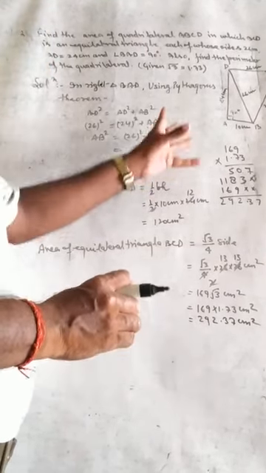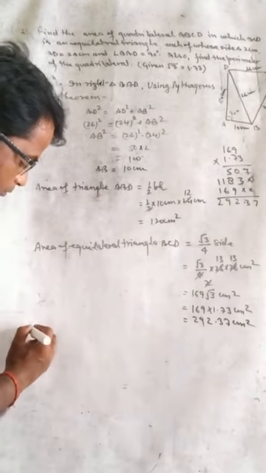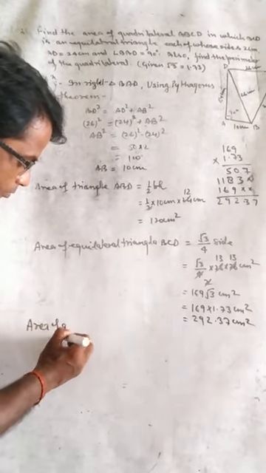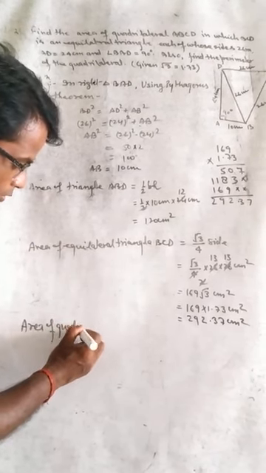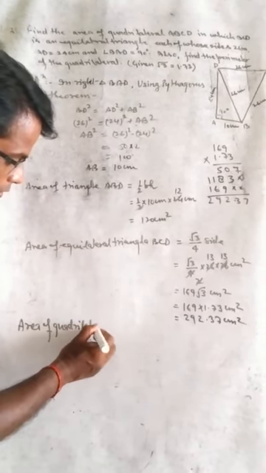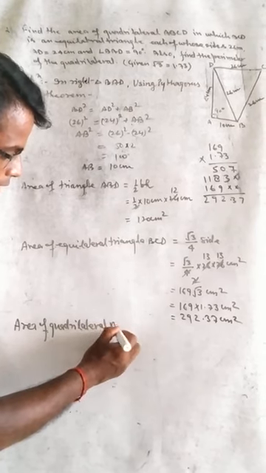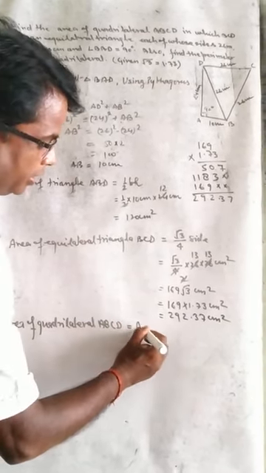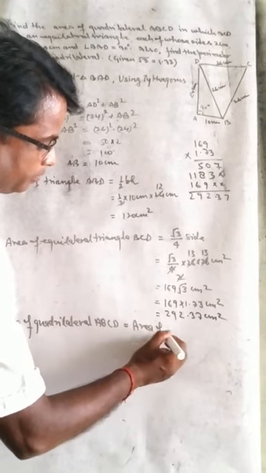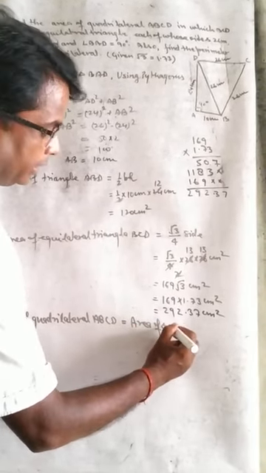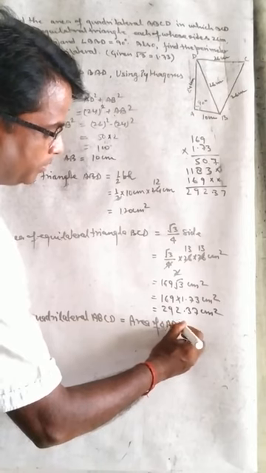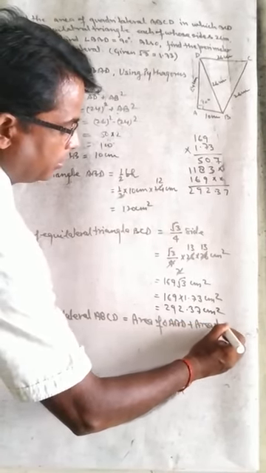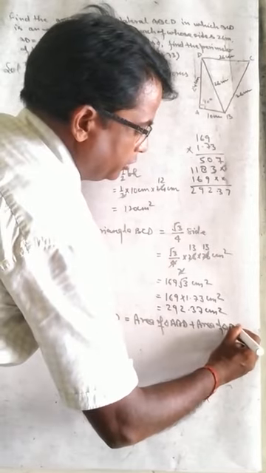Now what? Area of quadrilateral ABCD is equal to area of triangle ABD plus area of triangle BCD.